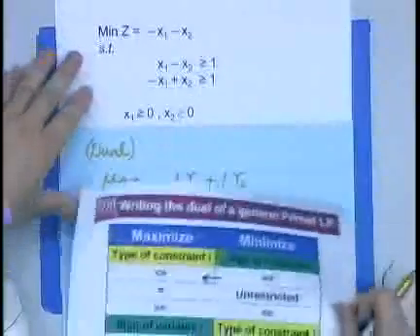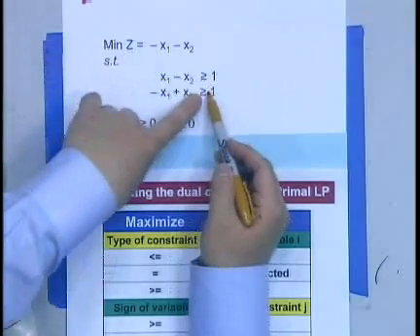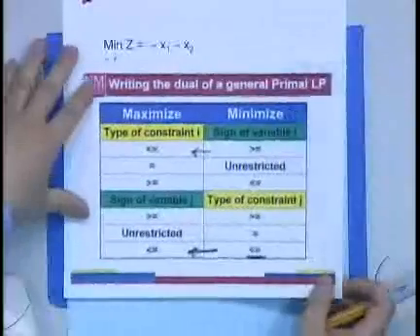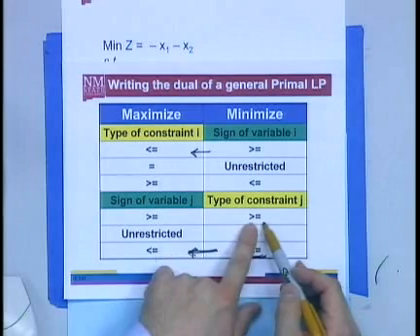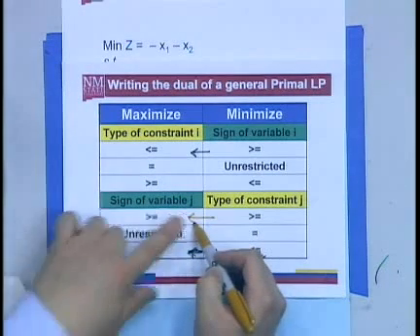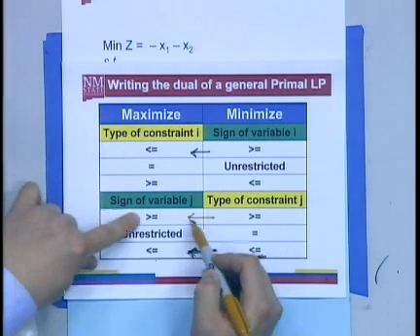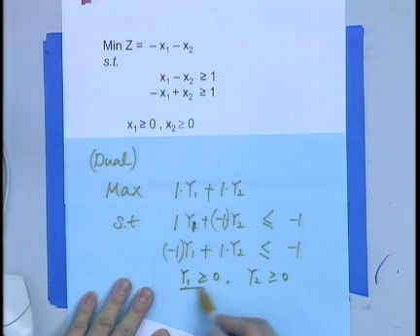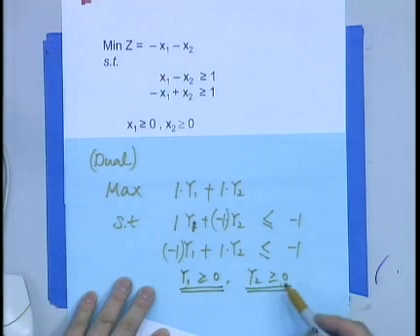If you want to use the table, then because in the minimization problem the first and second constraints are greater than or equal, this implies that in the maximization problem the first and second variables must be greater than or equal to zero. So we have both y1 and y2 greater than or equal to zero.